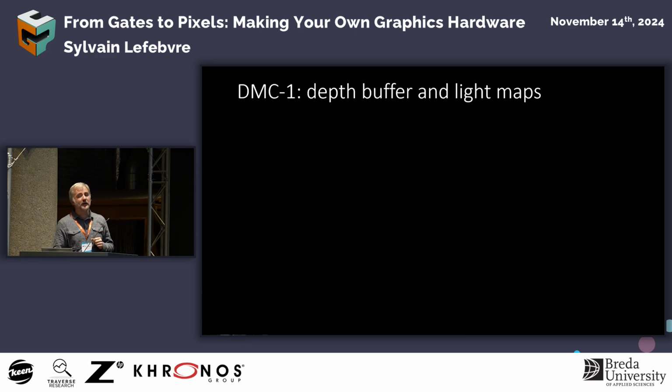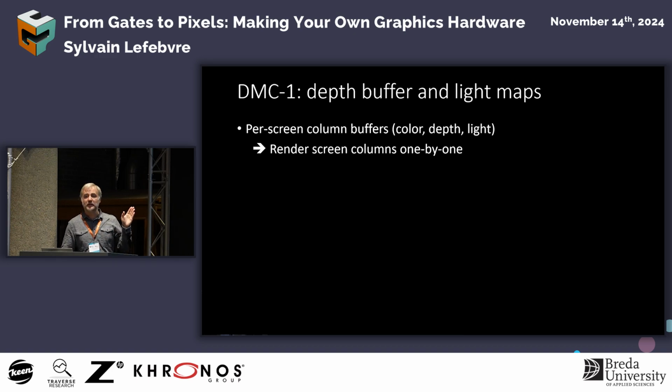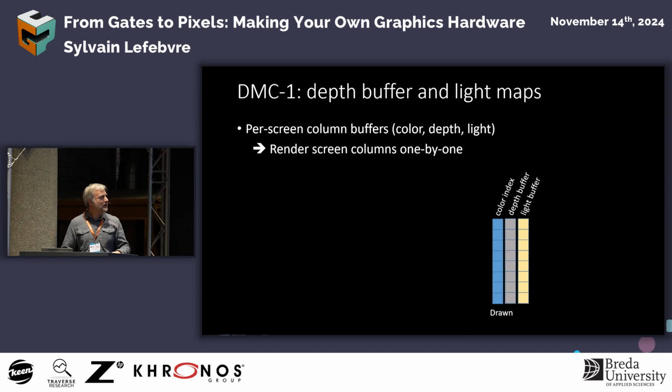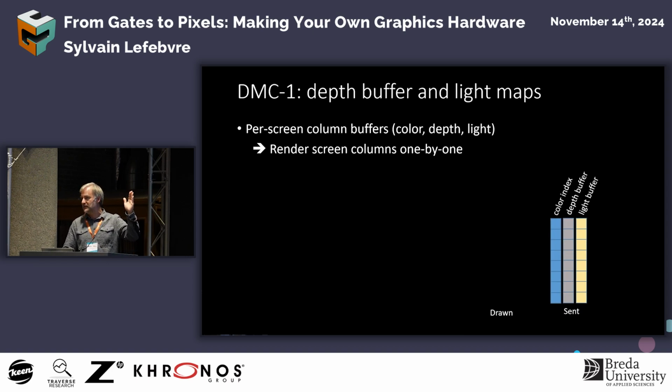How about the depth buffer and the light map? Well, from this constraint of sending the columns in order one by one, we can actually do the depth buffer and light maps now for very little memory because we're rendering screen columns one by one. So I only need a 1-column depth buffer and a 1-column light buffer. So I'm rasterizing this 1 column, sending it to the screen, which takes some time.